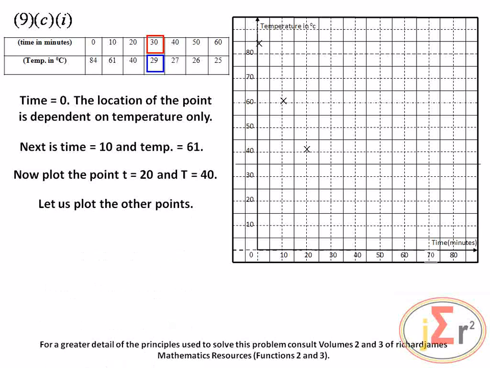Let us plot the other points. So we are just going to plot 30 for the minutes and 29 for the temperature. Time in this particular case is 40 all the way here. Then we go up to 27.